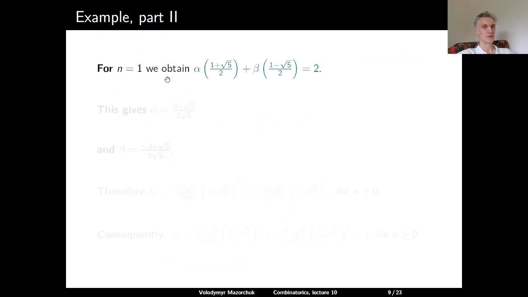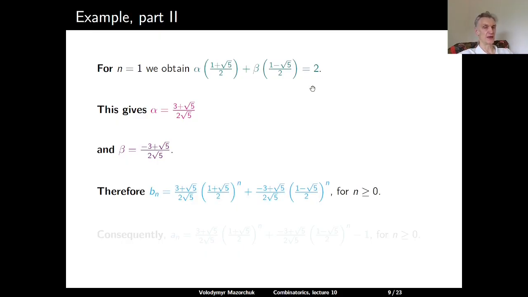For n = 1, we obtain that alpha times (1 + square root of 5)/2 plus beta times (1 - square root of 5)/2 is equal to 2. We can solve this and obtain that alpha = (3 + square root of 5) / (2 square roots of 5), and beta = -(3 + square root of 5) / (2 square roots of 5).